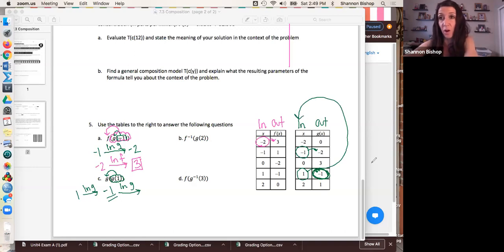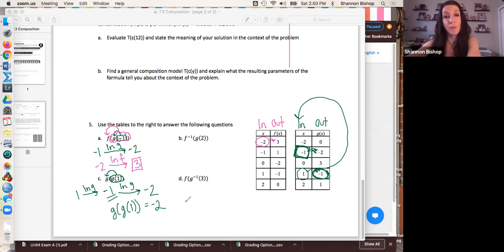The output of one function becomes the input to the next. So even though this -1 is in the output column, I'm now going to look for it as an input, which is right here. And so the final answer is -2. So G of 1 is -2.